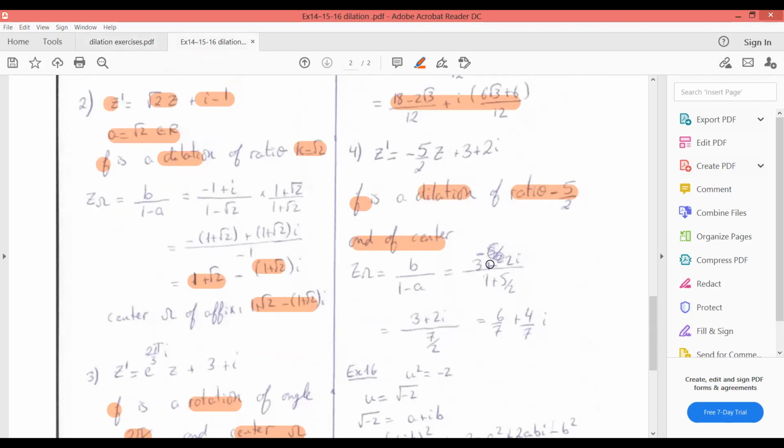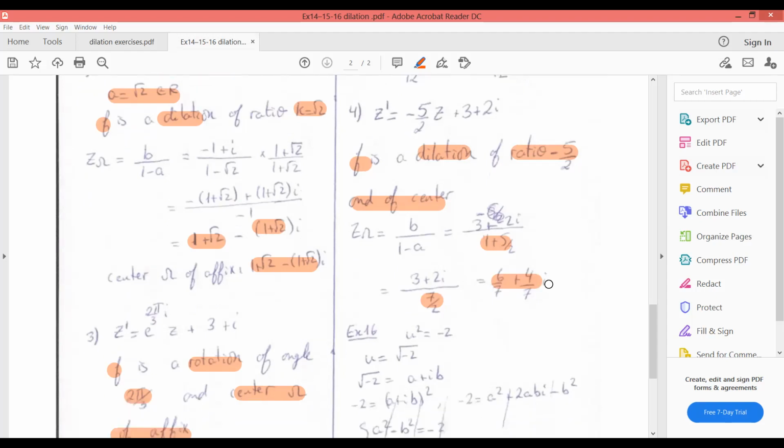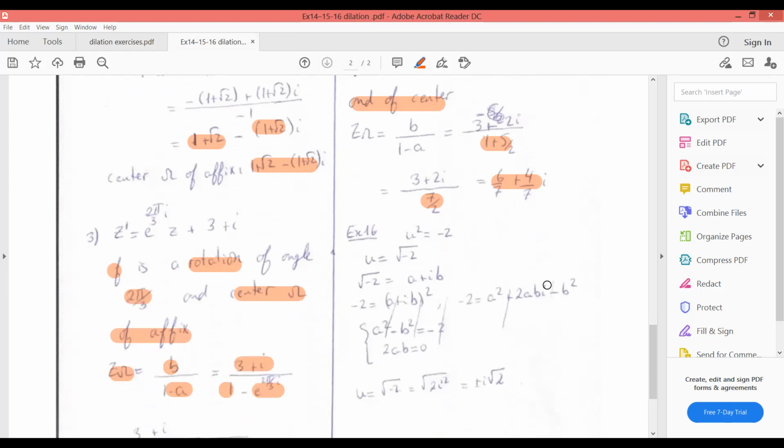B is 3 plus 2i over 1 plus 5 over 2. So 3 plus 2i over 7 over 2 equals 6 over 7 plus 4 over 7 i.